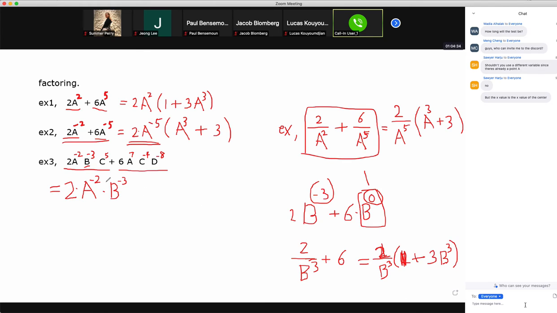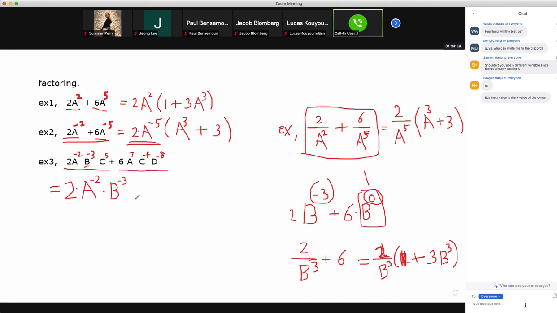So anyway, we come back to the original problem, example 3. We have b to negative 3 and no b here. But even though the second term has no b, we will factor b to negative 3 because this is a negative exponent, and between negative 3 and 0, negative 3 is the lower one. This is a little bit tricky because this kind of thing occurs when you have negative exponents. When you have positive exponents, you never have this kind of case.